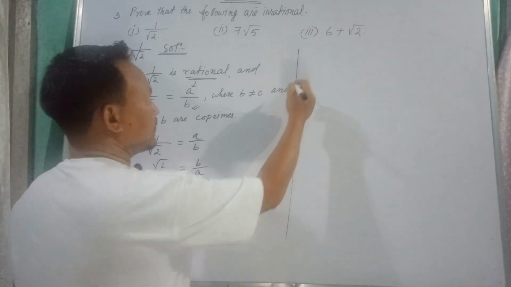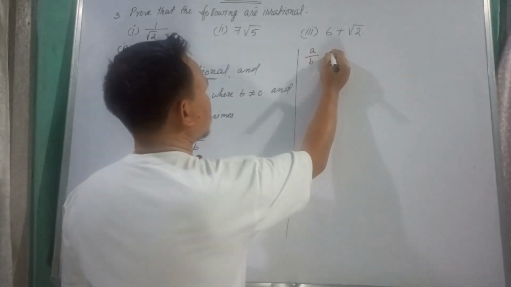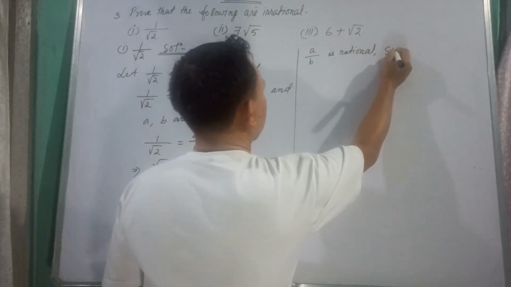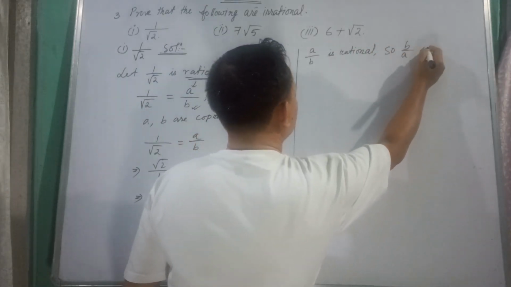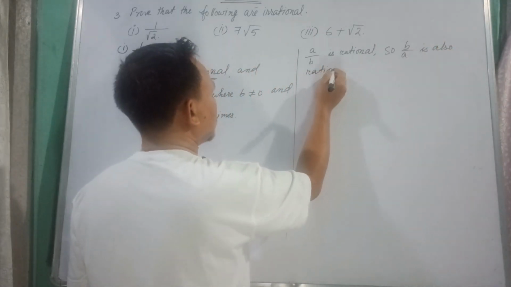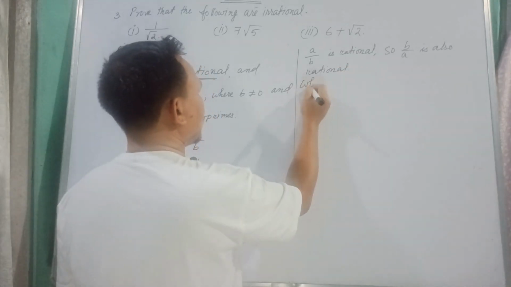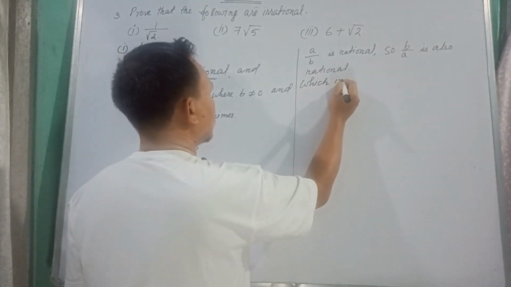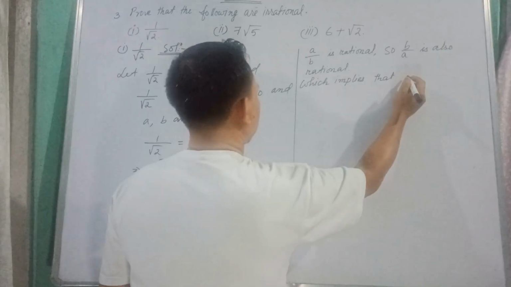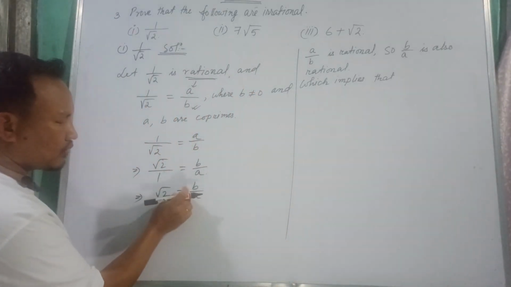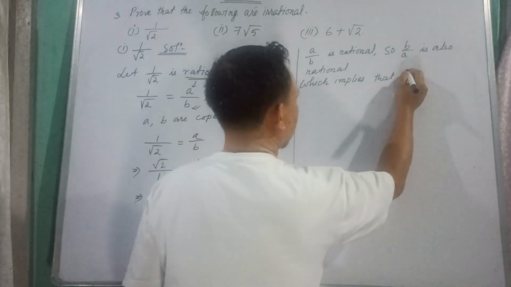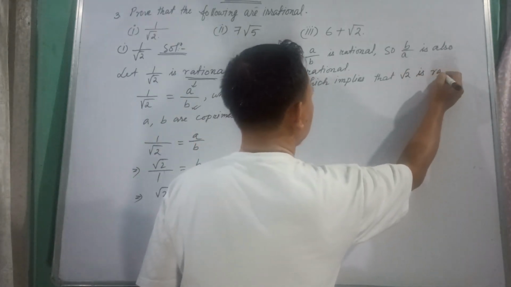So which implies that this is a rational number equal to another number. That means this is also a rational number, which implies that root 2 is rational.